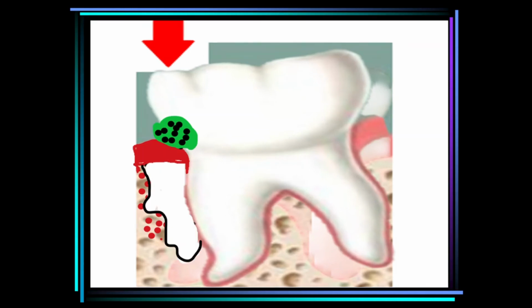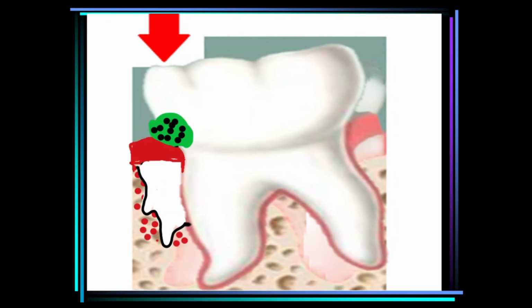It might be any pattern like this or like this, any bizarre pattern of bone destruction. It might not be the same as in the absence of inflammation. So there will be a bizarre pattern of bone destruction if trauma from occlusion is accompanied by inflammation induced by dental plaque.